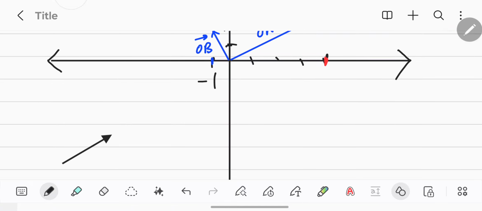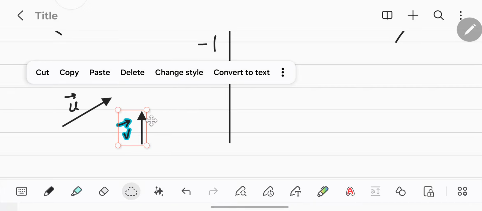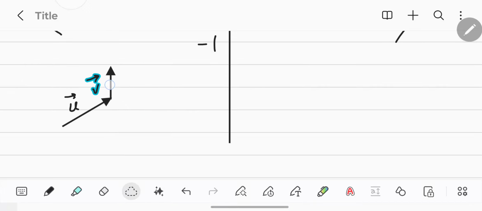If you have two vectors, for example this vector and the other vector, say this vector is u and this vector is v. If you have to add both vectors, what will you do? You will shift one vector and put its tail to the head of the other vector.